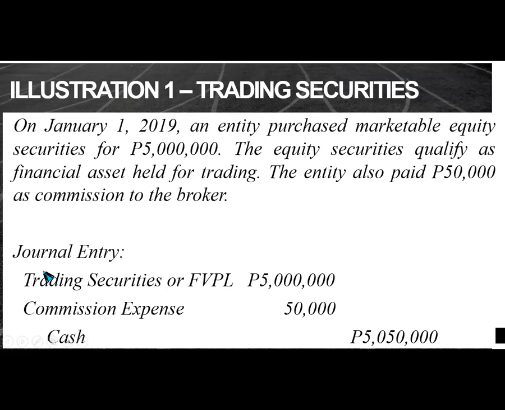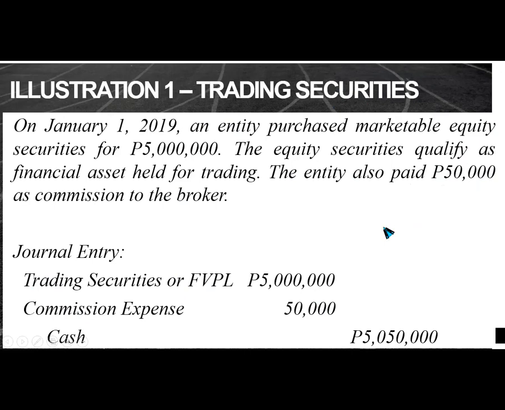So unang-una, paano natin siya i-record? So i-debit natin trading securities or financial asset at fair value through profit or loss, or FVPL. That's 5 billion. Now, take note, 50,000 here is a transaction cost.